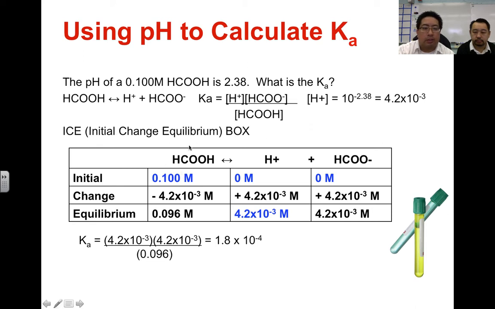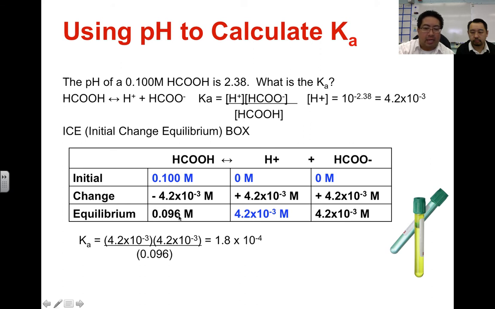So what we do is we make what we call an ICE box. ICE stands for initial, change, and equilibrium. So what we do is we write out our reaction. We have our initial conditions, so we have 0.1 molar, 0 and 0. The H plus concentration represents what happens at equilibrium. And because there's a 1-to-1 molar ratio between H plus and HCOO minus, these are going to be the same. And if we got this, that means that we had to subtract this from the initial.